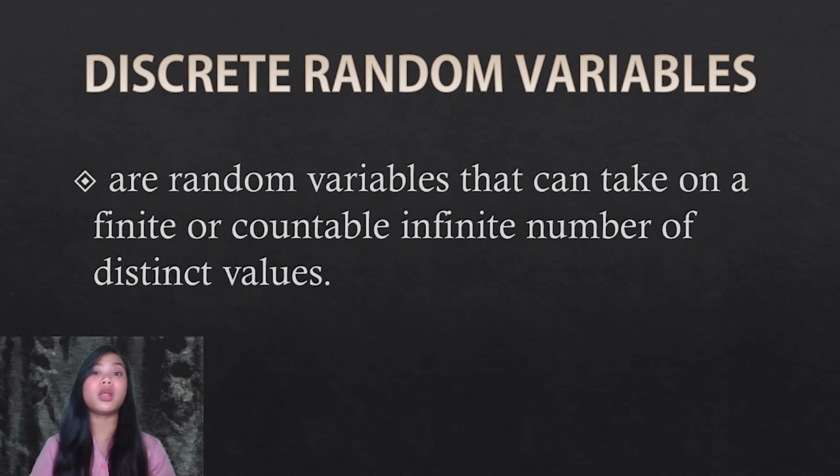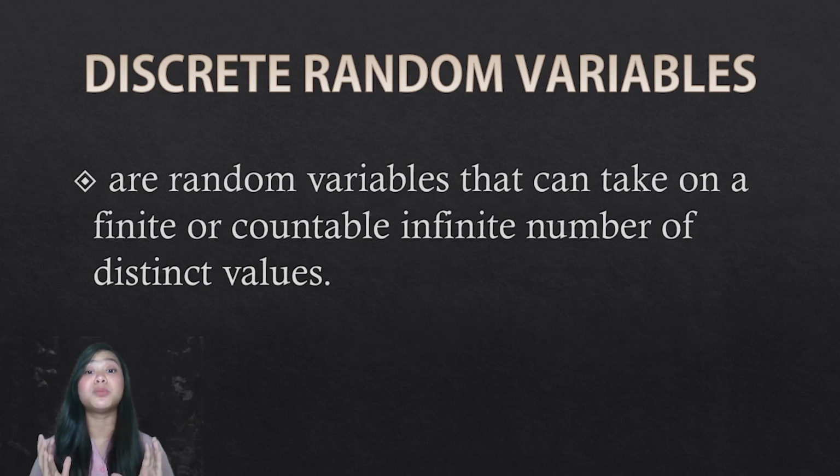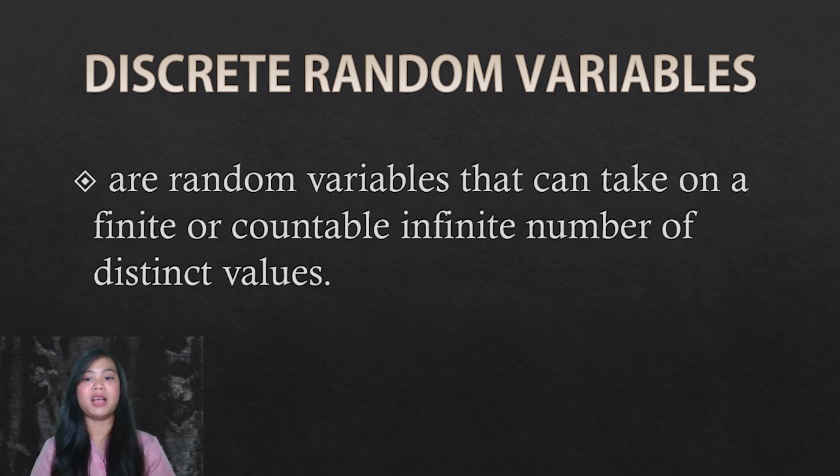These are random variables that can take on a finite, meaning we have a certain number, finite only, or it can be countable, infinite. So you have infinite numbers, but they can be counted, of distinct values. This is the discrete random variables.